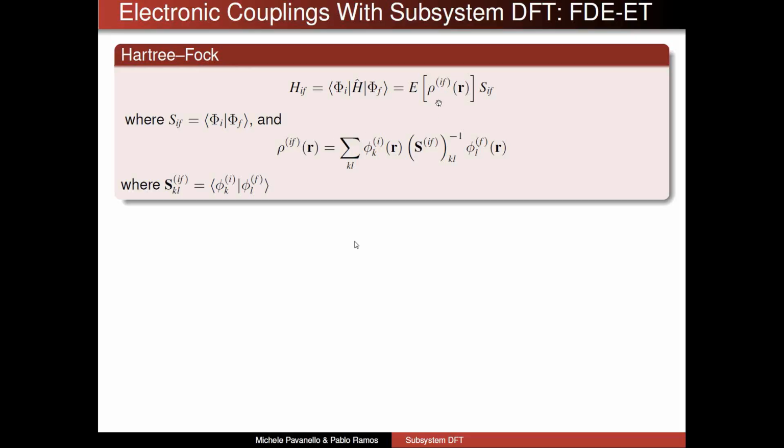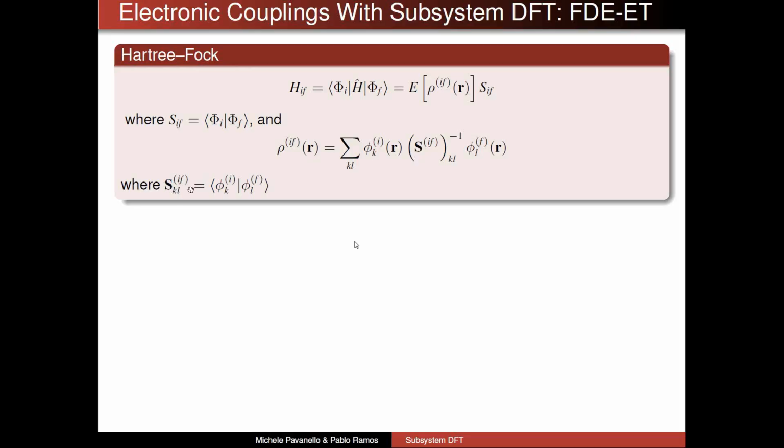Okay, what is this transition density? Well, if you have single Slater determinants, you sandwich the density operator, you get this expression where essentially you're sandwiching the occupied orbital of the initial state, the occupied orbital of the final state, sandwiched by the transition orbital overlap matrix.